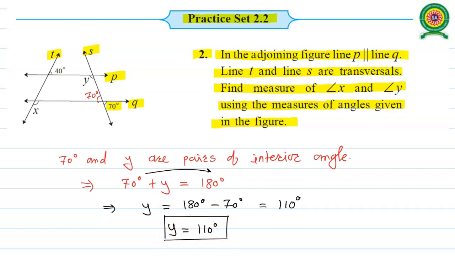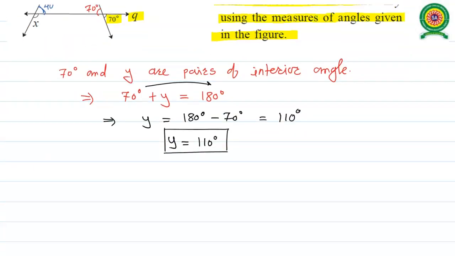Now for finding the value of x, first of all this one angle and 40 degrees are corresponding angles, so the value of them is congruent, or we might say the same or equal. Now 40 degrees and x are linear pair angles because they are formed on the same line. Angles formed on the same line are said to be linear pair angles.